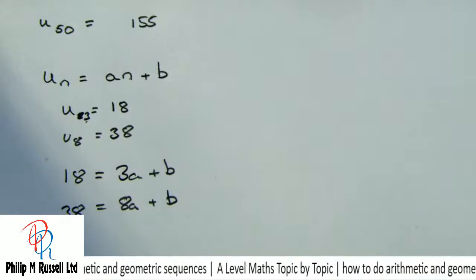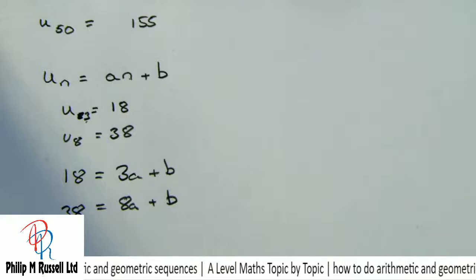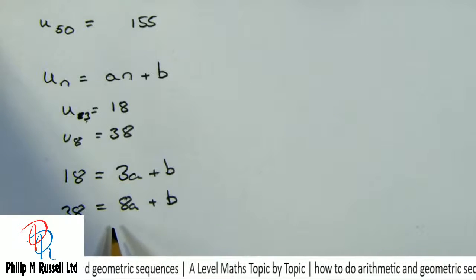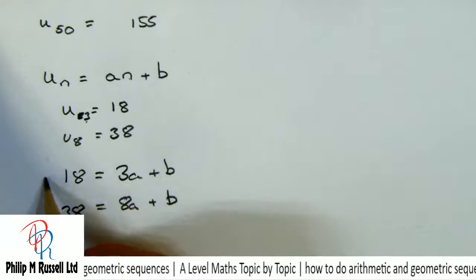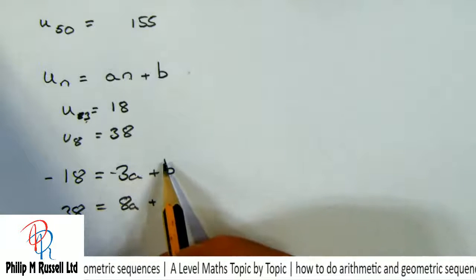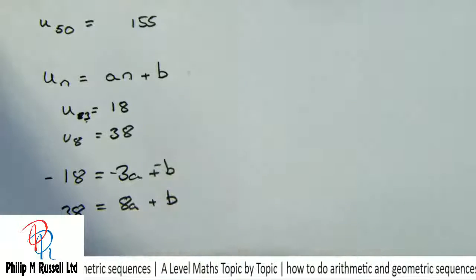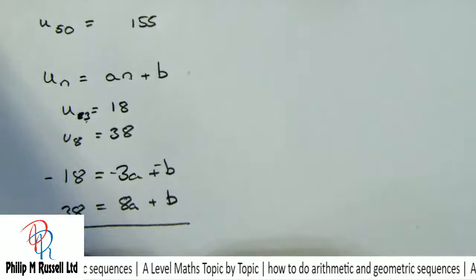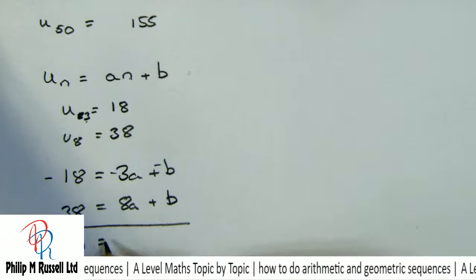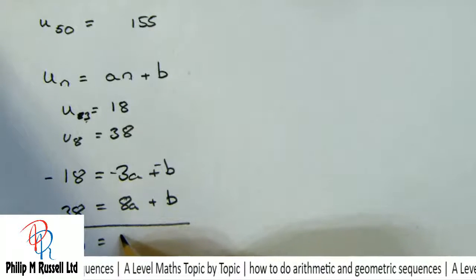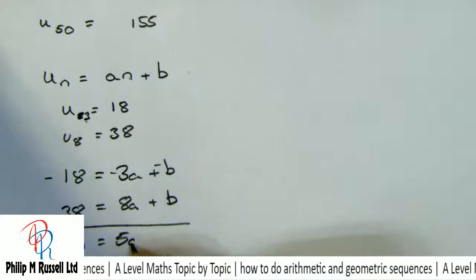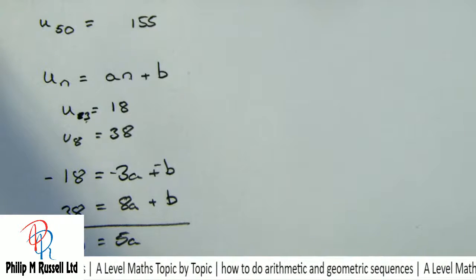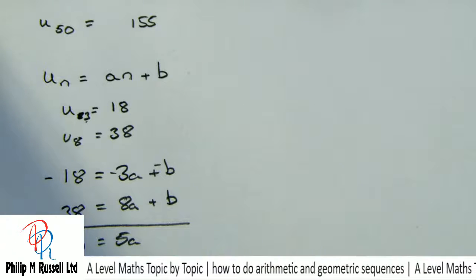And we have here a simple simultaneous equation which we can solve, and it's probably easier to take away. So minus 18 plus 38 gives me 20. We get 5a, and the b cancels, so a is going to equal 4.